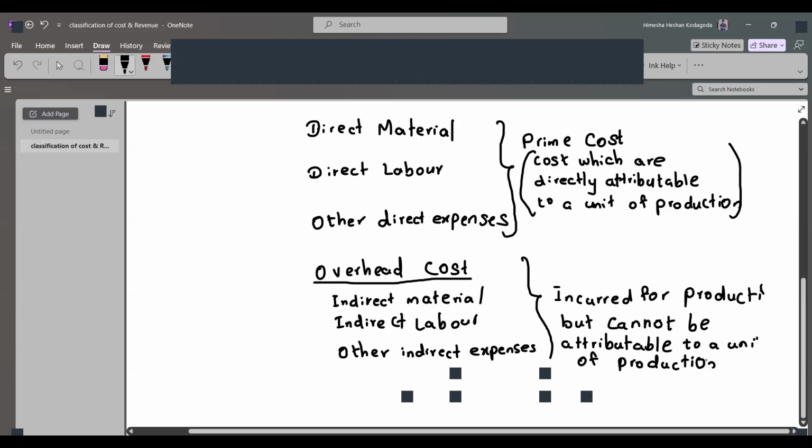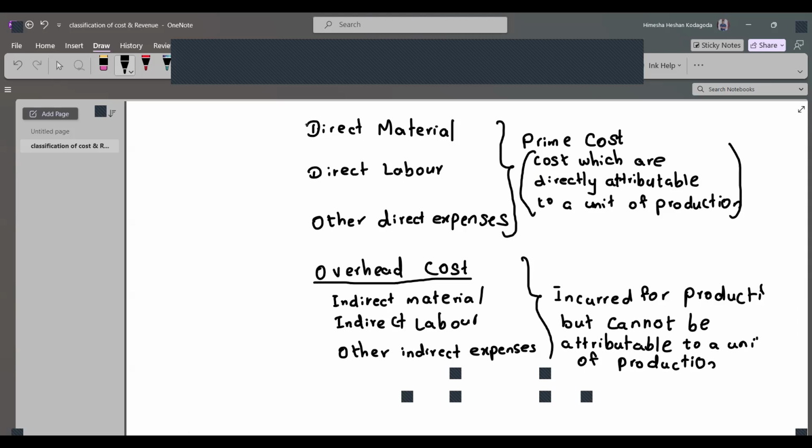Right? So that is the term overhead cost.